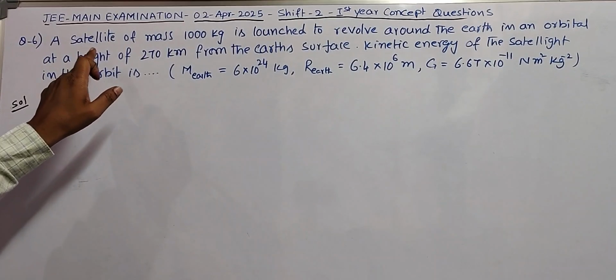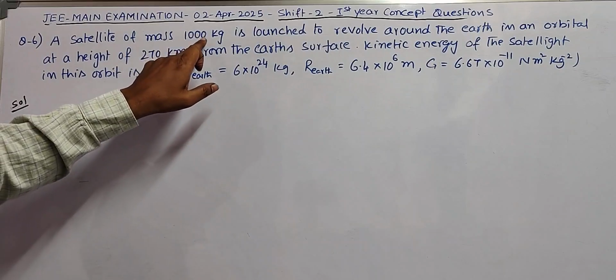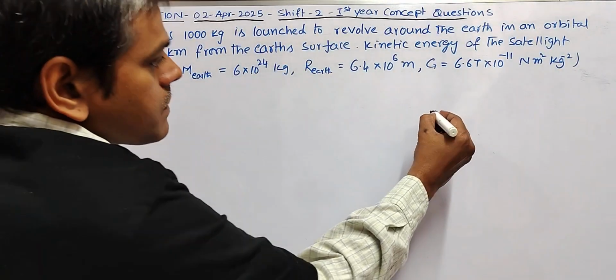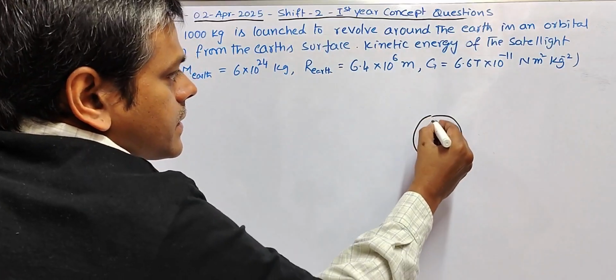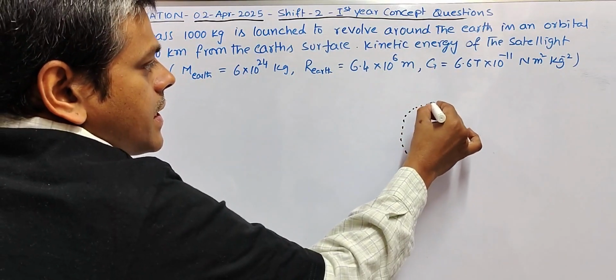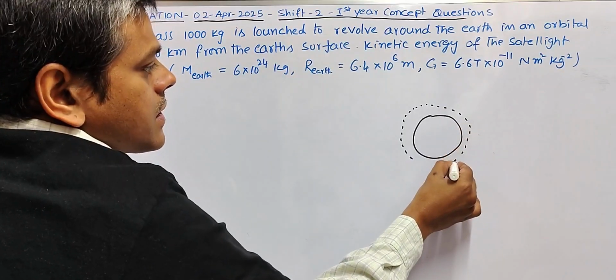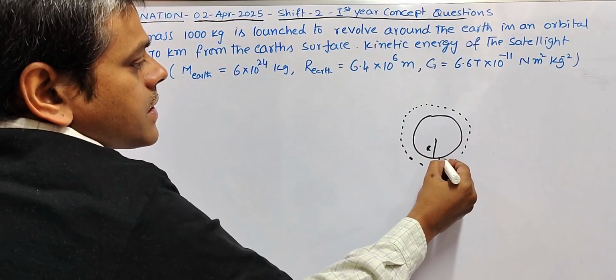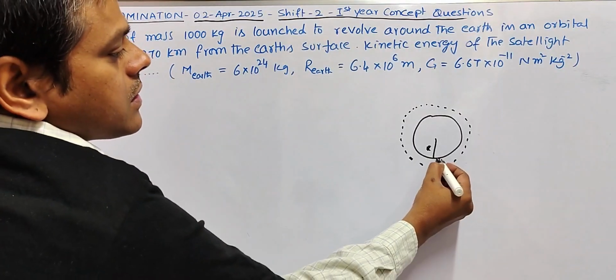The sixth question. A satellite of mass 1000 kg is launched to revolve around the earth. Suppose this is the earth. If you want to revolve a satellite, then you should launch this satellite around the earth. This is radius R, and this is height h above the surface of the earth.